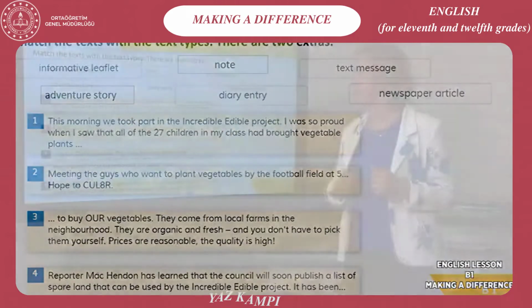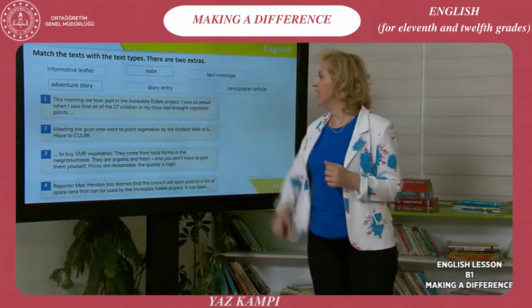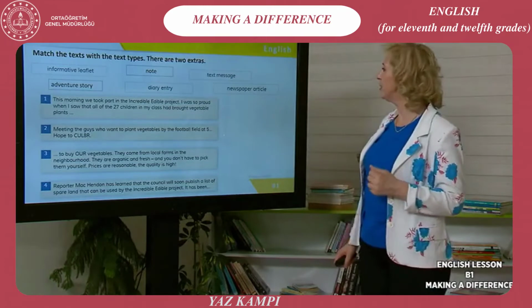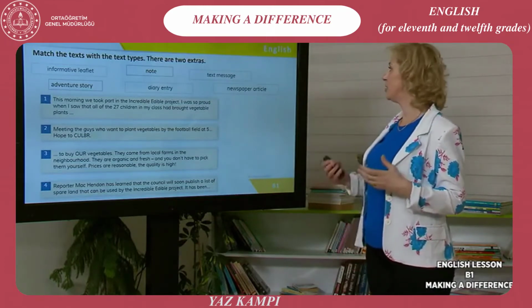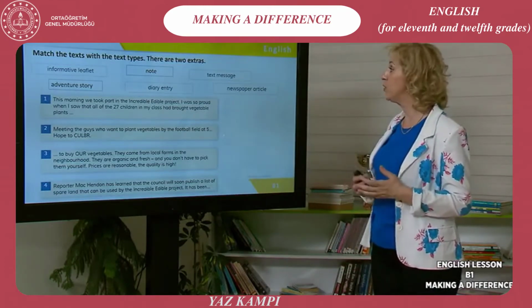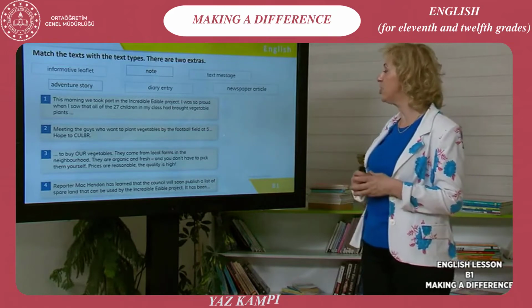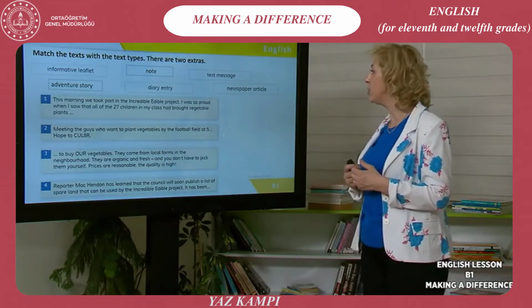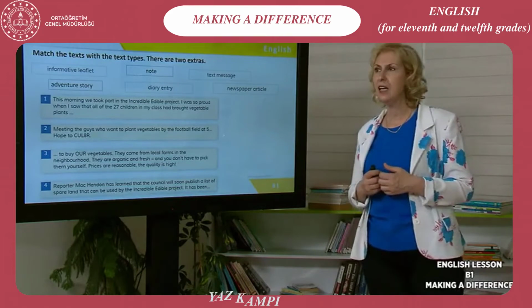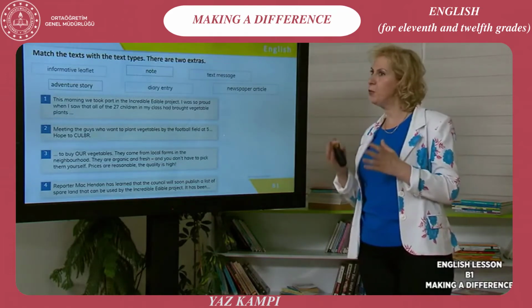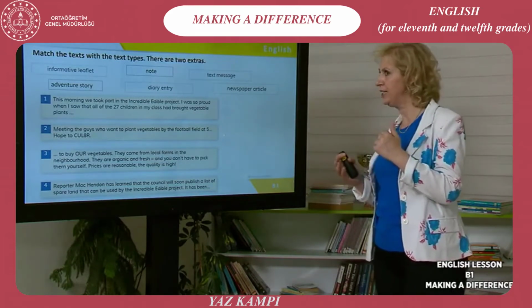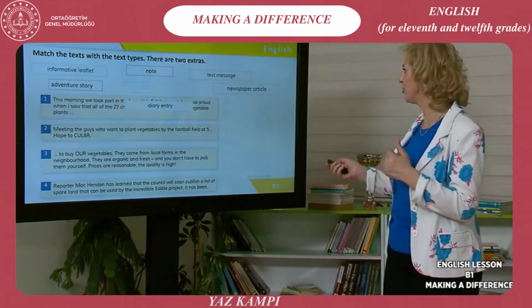Let's have a look at the first one. "This morning, we took part in the Incredible Edible project. I was so proud when I saw that all of the 27 children in my class had brought vegetable plants." What is this? What type of text is it? Did you find it? I'm sure you did.